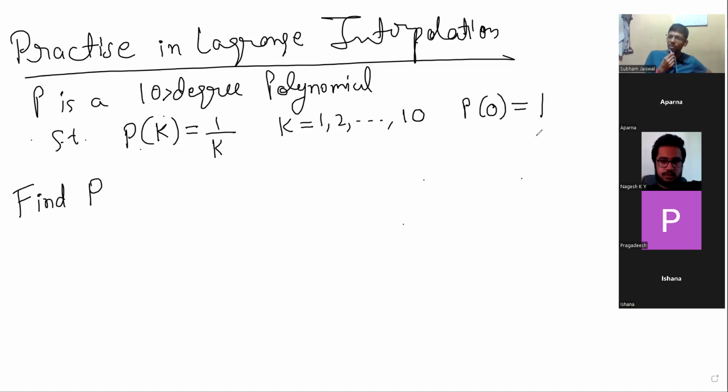Everybody forgot interpolation. Let us just apply interpolation, right? What we get. So what will the term for 0 look like?